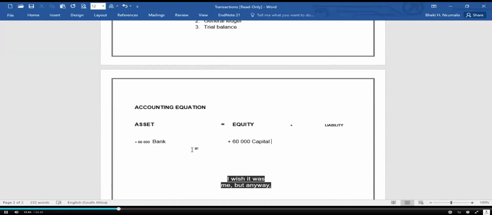All right. So two accounts here. It's your capital. It's your bank. Let me put some more money here so that at least you'll see I'm talking about cash. There is cash, 60,000 rand, transaction number one. Number two, there is capital account that is plus in your capital under equity. So there is no liability, no debts.